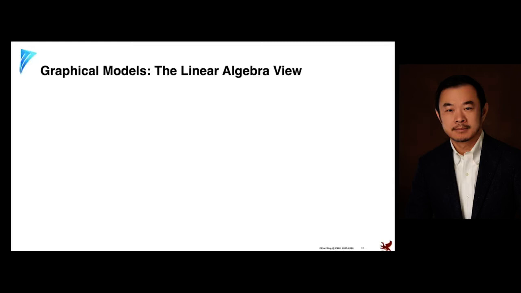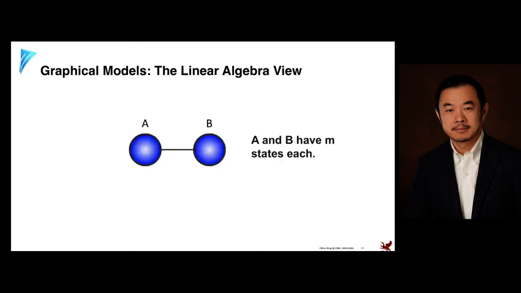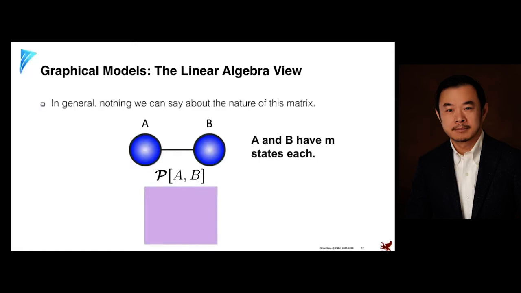Now let's see the linear algebraic view of graphical models. A and B each have m states, and therefore the joint can be described by a table. In general, we cannot really say anything about this table, because they can have arbitrary dependencies, and therefore all configurations are possible.